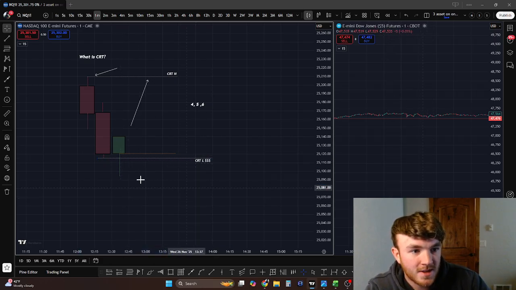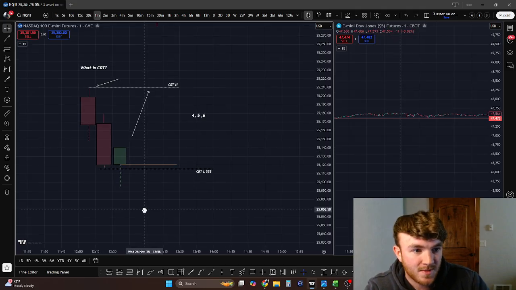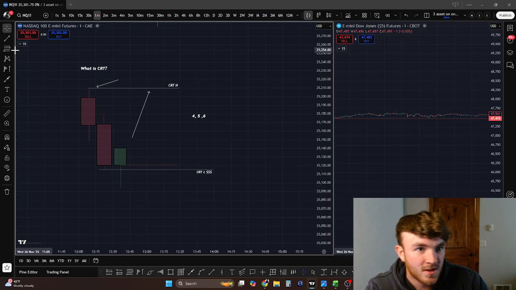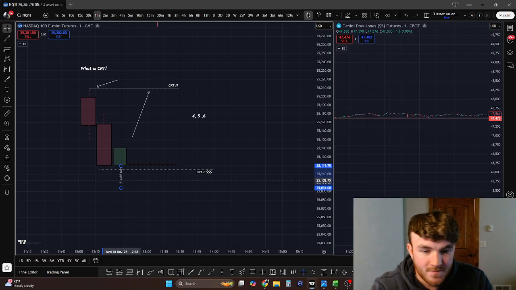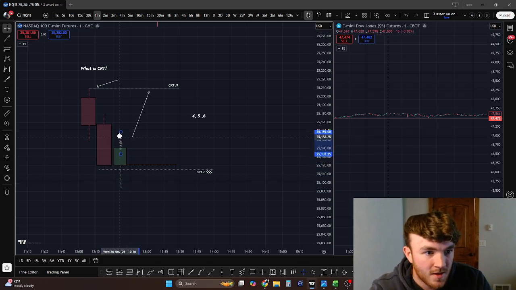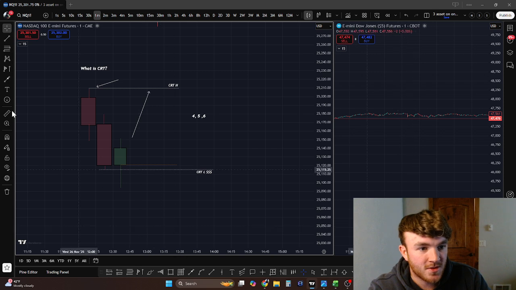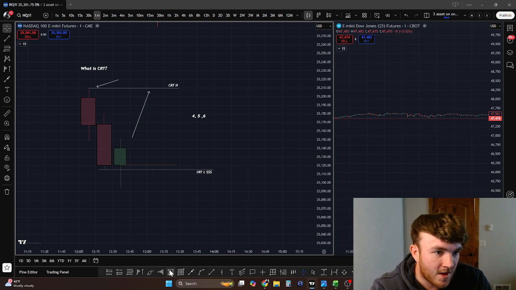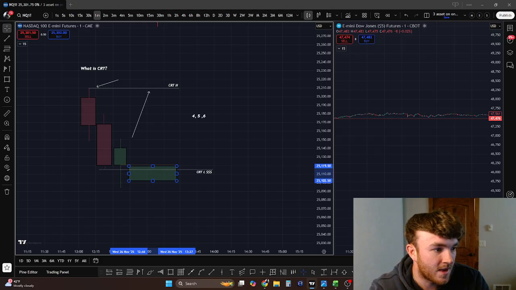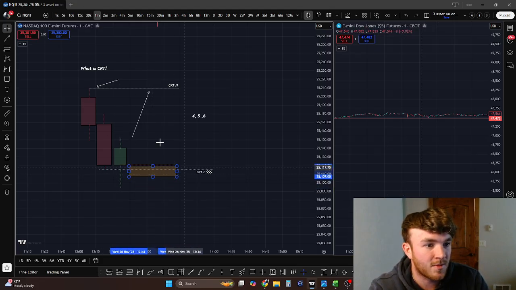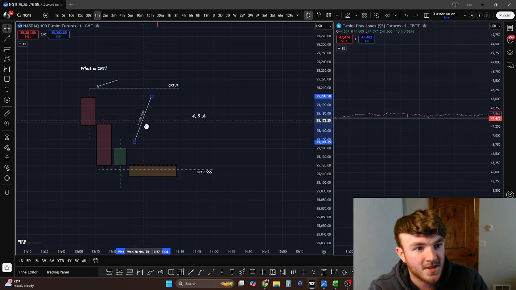So, in this case, it is the open. Since this is the open of the manipulation candle, it's lower than the close, right? So whichever is lower, the close or the open, you can see anything below the open is going to be an optimal entry to target the opposing end of that candle range.